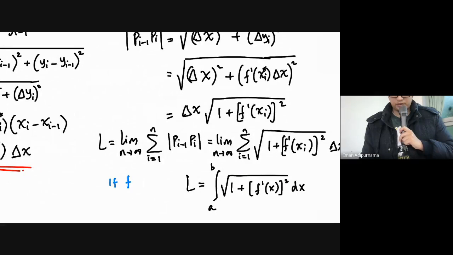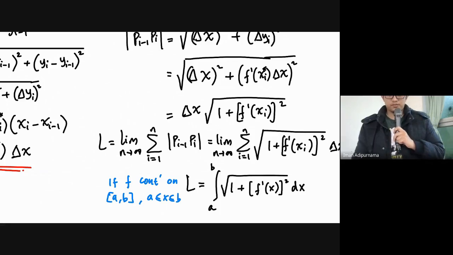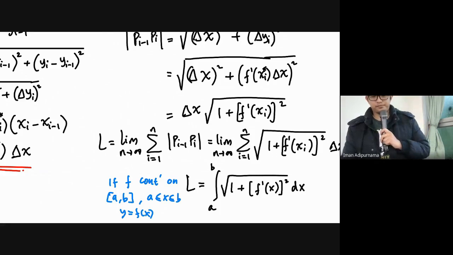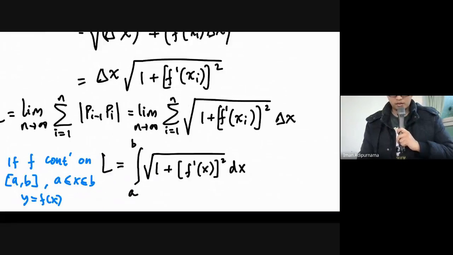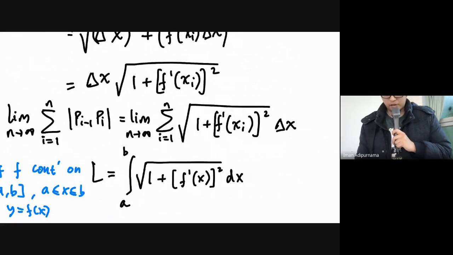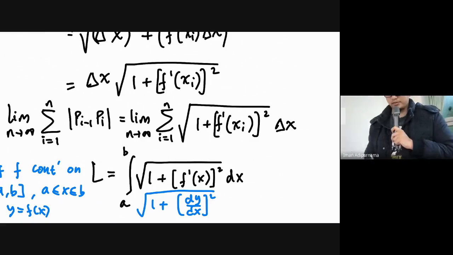This is if f is continuous on [a, b], and x is from a to b. Or you can write f prime as dy over dx, which is also fine.